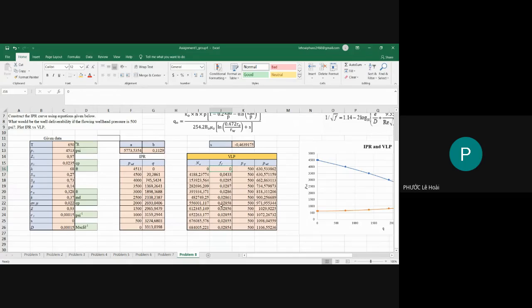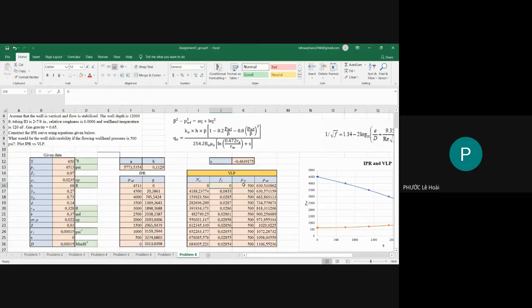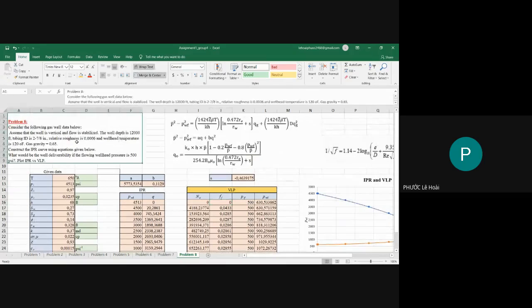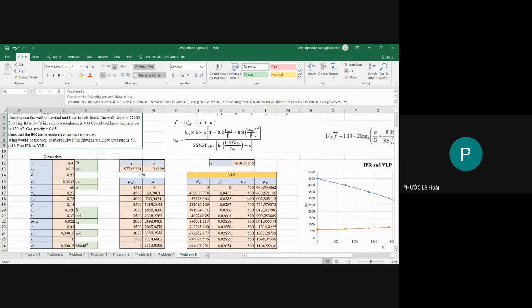Especially in this case, the well deliverability, the flowing wellhead pressure is 500.